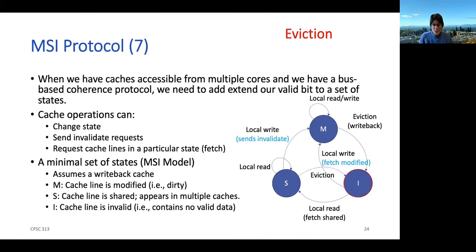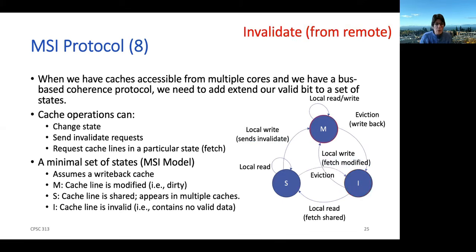Finally, let's talk about what happens when your core is the recipient of one of these messages. When I look at the bus and say, uh-oh, somebody's doing something to a cache line that I actually have in my cache, what is my reaction?